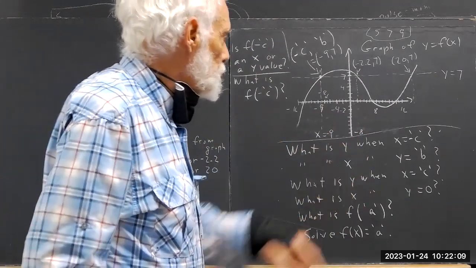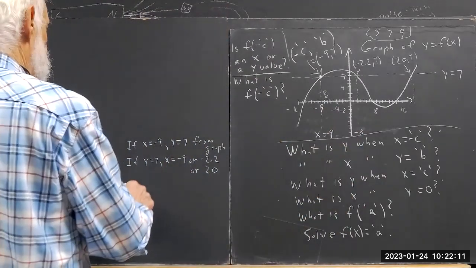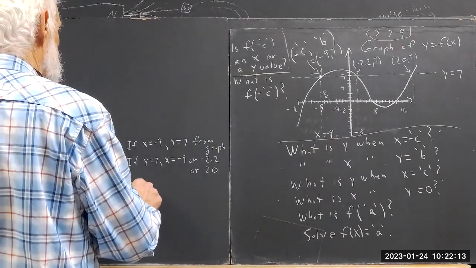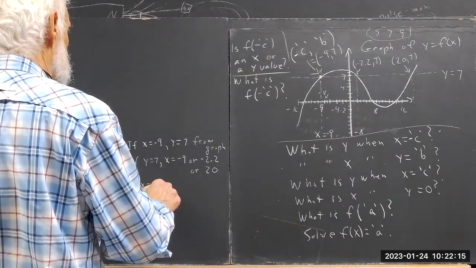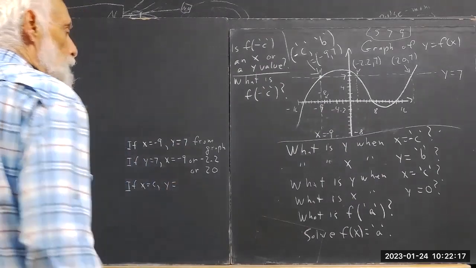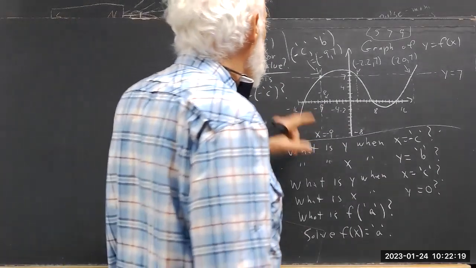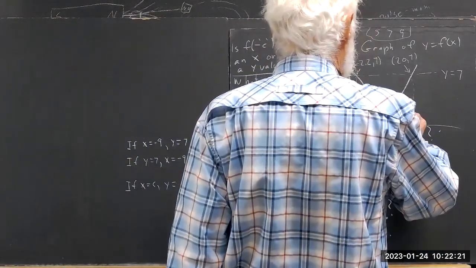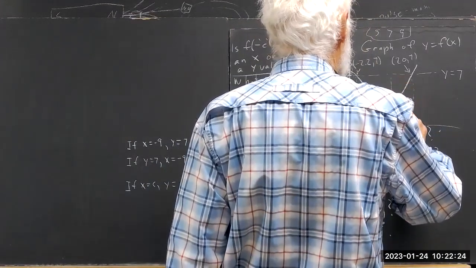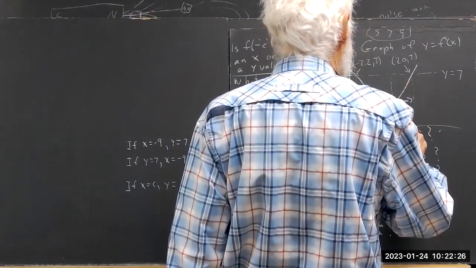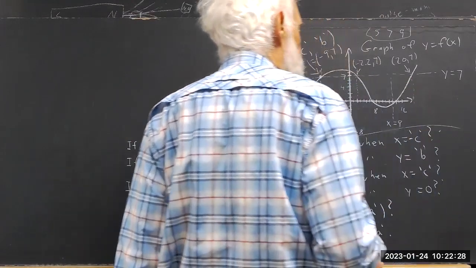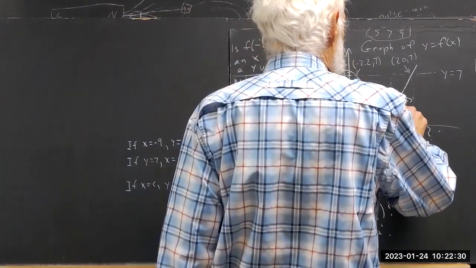What's y when x equals c? Well, c is 9, so we come out here to 9. We draw a line at x equals 9, and we observe the coordinates of the point.